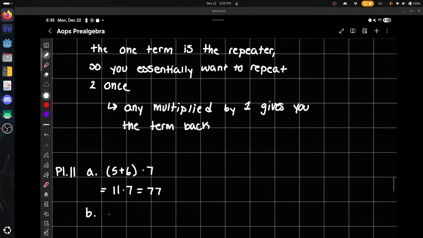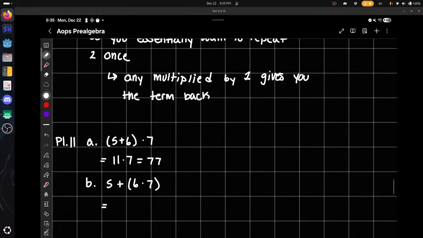And B is 5 plus 6 times 7. And then it's 5 plus 42, which is 47.